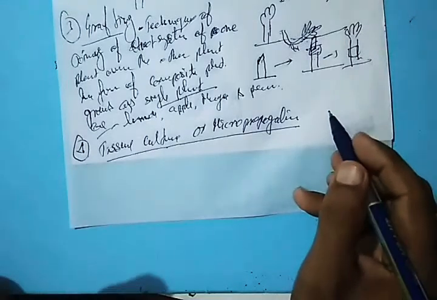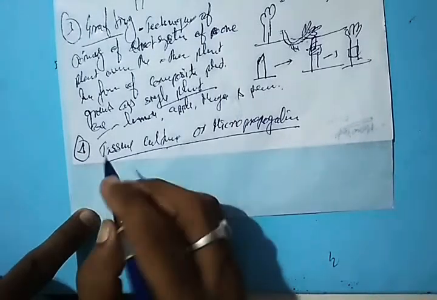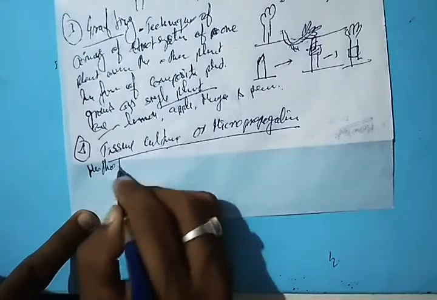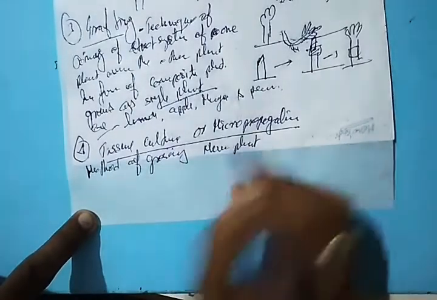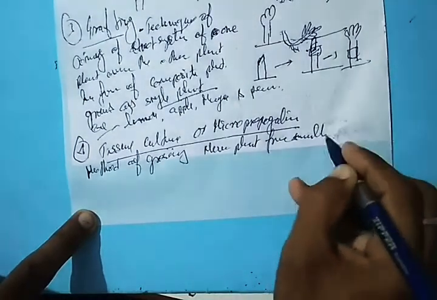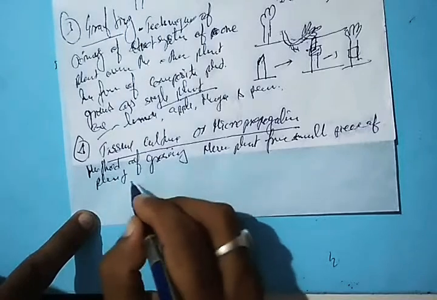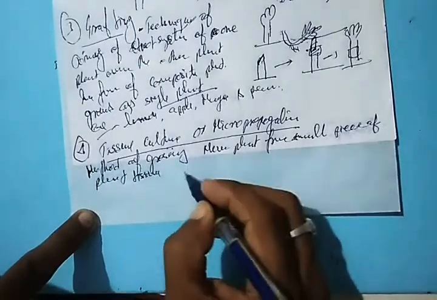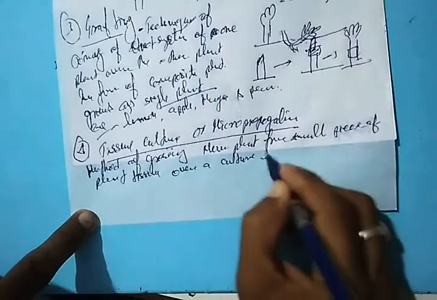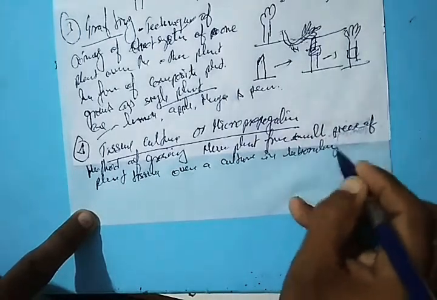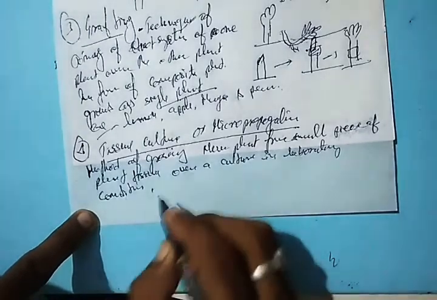Basically, tissue culture is the method of growing a new plant from a small piece of plant tissue on a culture in laboratory conditions. This process is also called micropropagation.